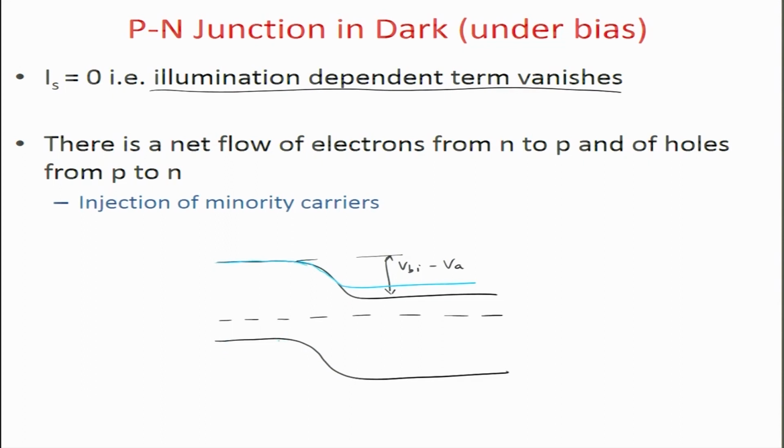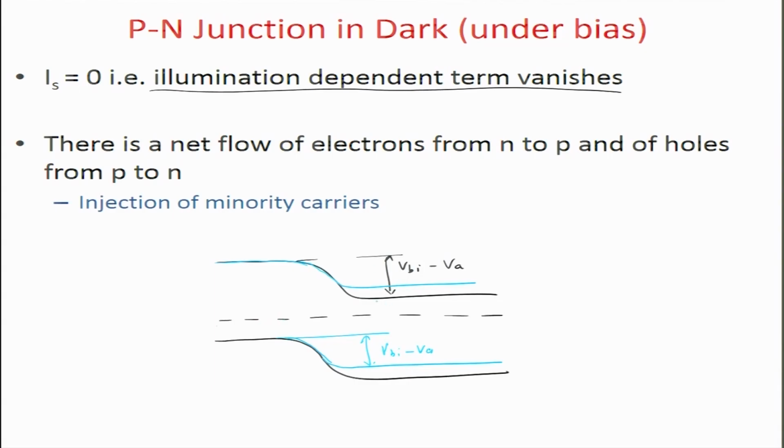And here also it will increase by a certain level. So essentially this barrier has now reduced to Vbi minus Va, which means you can see that there is a shift in the Fermi levels also. Fermi levels are going to split.